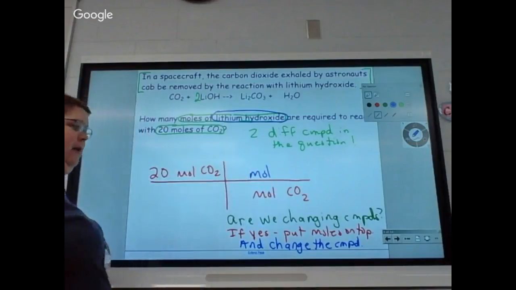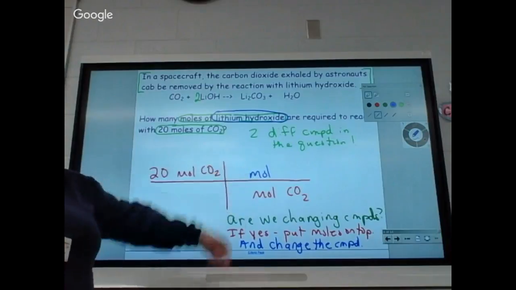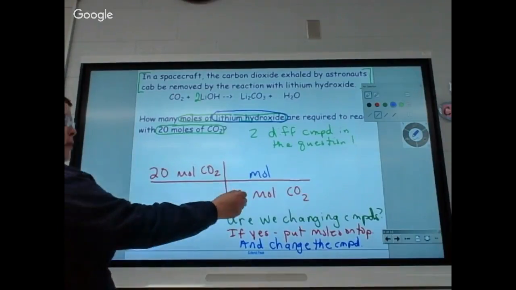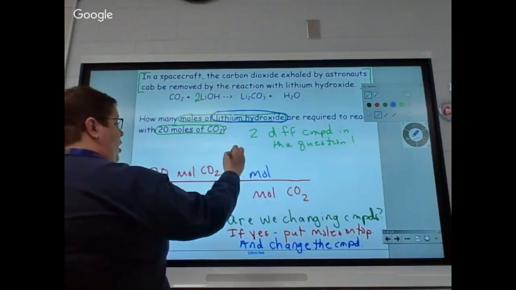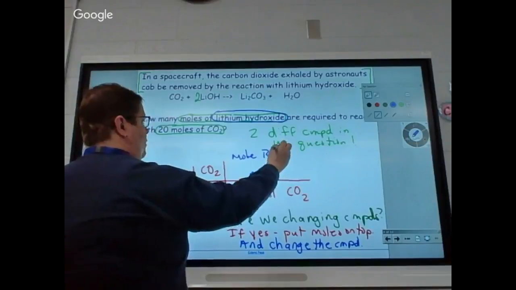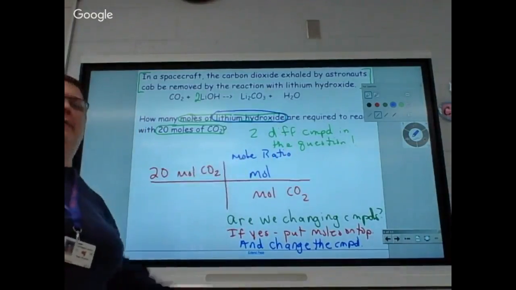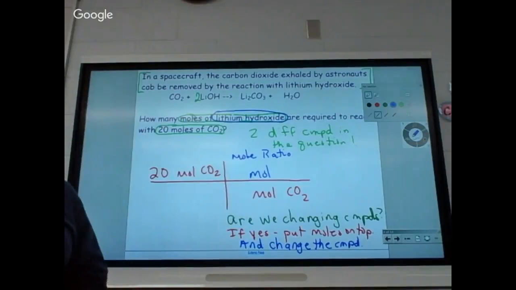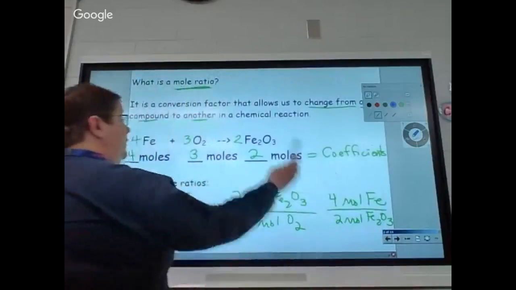Okay? Now, this has a name. What is it called that we just learned to do if moles is on the bottom and moles is on the top? This is called a mole ratio. Okay? So, if we put moles on the top and moles is on the bottom, what did we just write down that the purpose of this thing was?